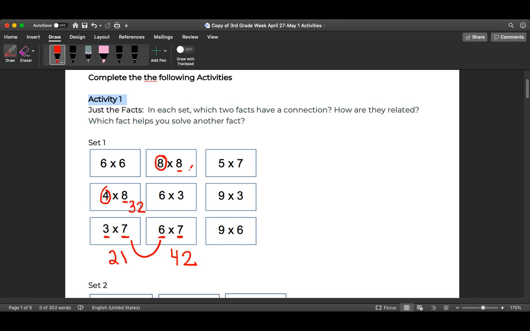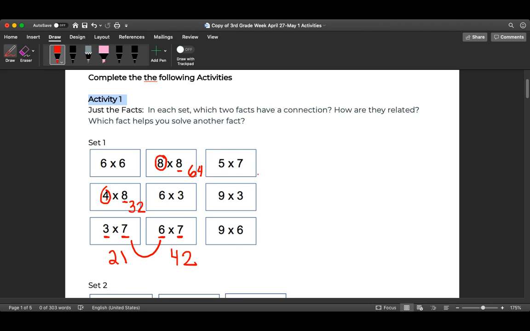And 8 times 8 equals 64. So 4 times 8 and 8 times 8 have a connection. They're related because 4 times 2 equals 8, and the answers are doubled. 32 times 2 equals 64. So this fact can help me solve this fact.